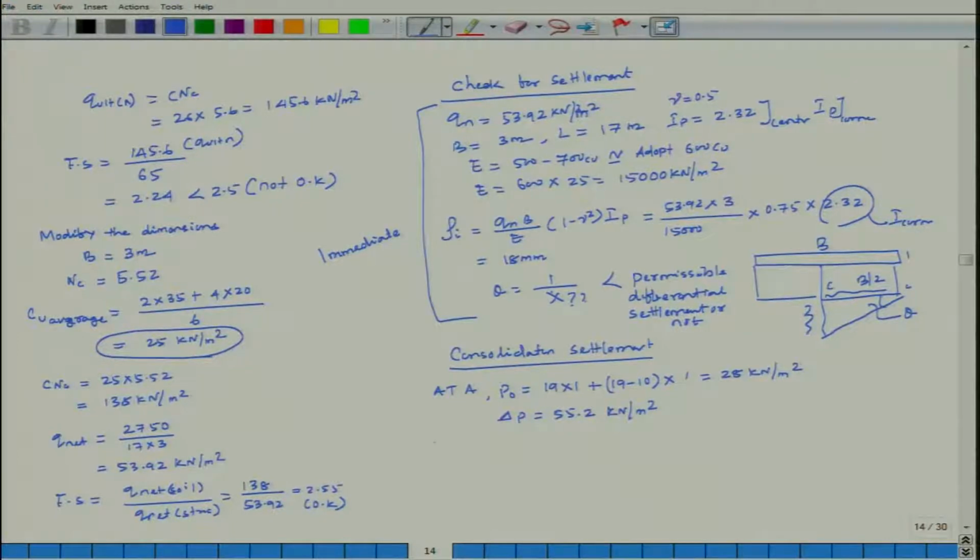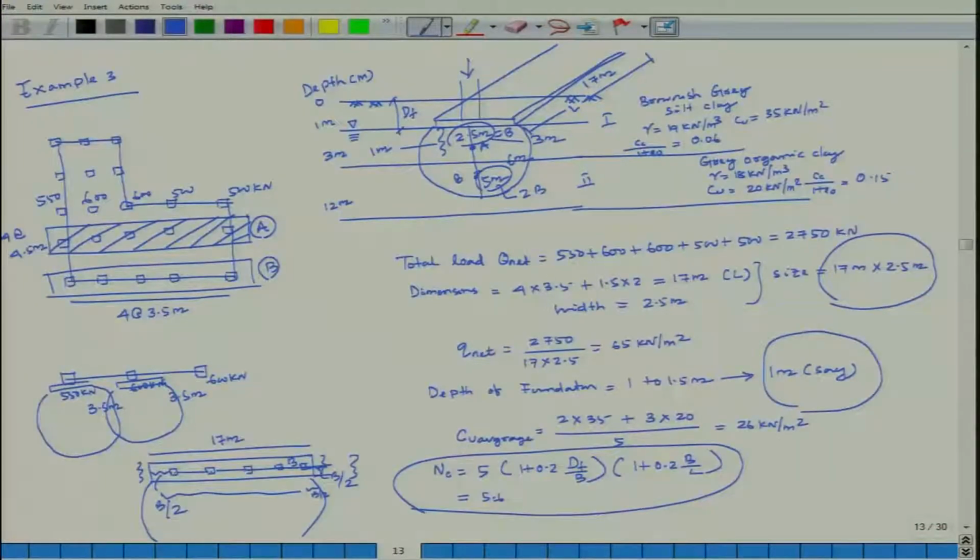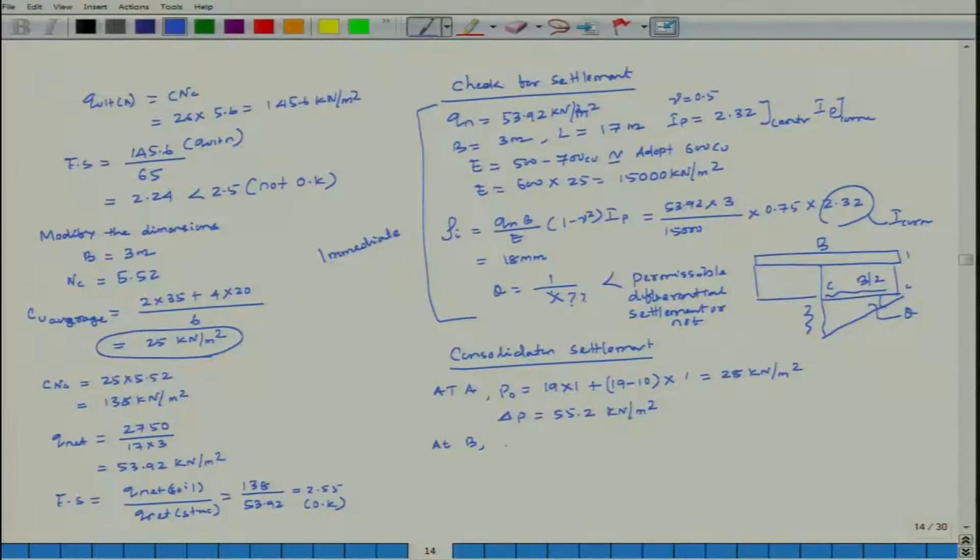Now, find it out at B. At point B, where is your B? This is your B. What is your P0? So, P0 is equal to 19 into 1 plus 19 minus 10, this is your submerged unit weight, gamma saturated minus gamma W, into 2.0.